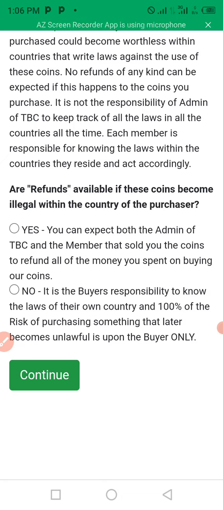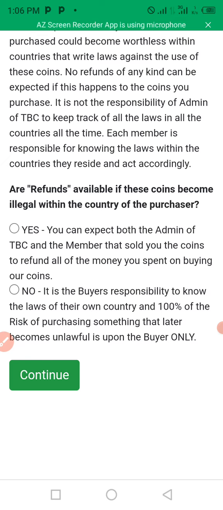Answer number 2 is the right answer because we are a private community and we are running this project all together. So you can't afford to put blame on anybody. We all know that in this community we are trying to free ourselves from the evil agendas of the elites.